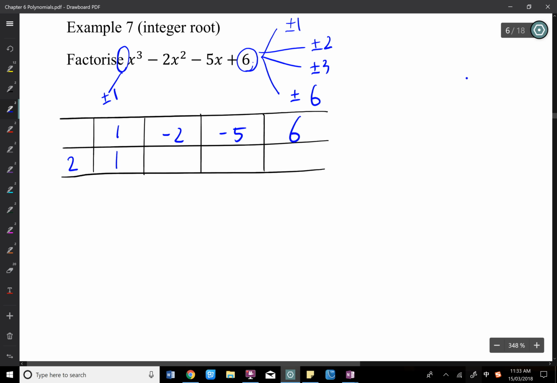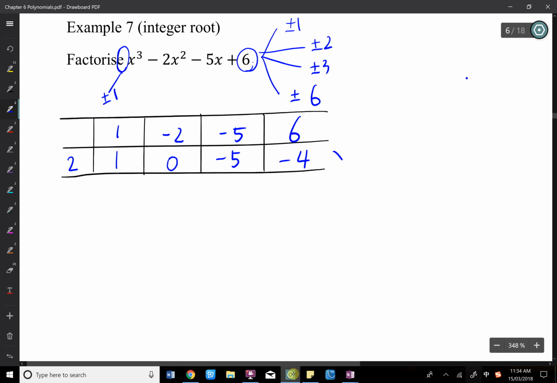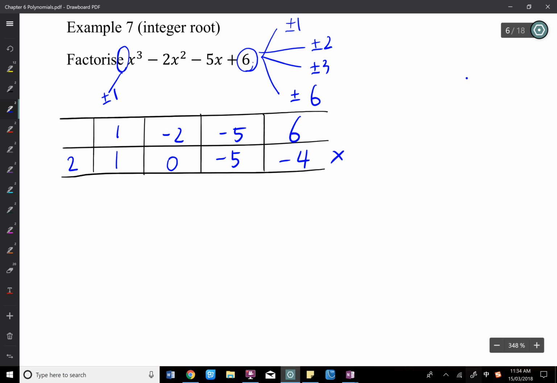The first number is 1. 2 times 1 gives you 2. 2 minus 2 is 0. 0 times 2 is 0. Then minus 5. Minus 5 times 2 gives you minus 10. Minus 10 plus 6 is minus 4. This one doesn't work. The remainder is not 0, which means x minus 2 is not a factor.